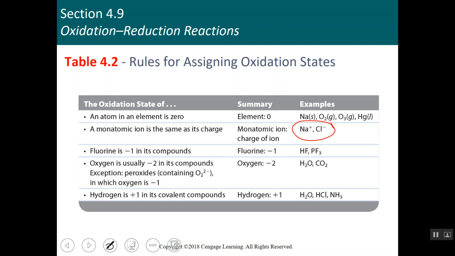Fluorine is always a -1, so anytime you see it in a compound, -1 is its oxidation state. Oxygen, most of the time, is -2. The only exception that you'll run across is in a peroxide, where in a peroxide polyatomic ion, it is -1. Hydrogen is +1 in its covalent compounds. And so anytime it's a covalent compound, which is with a nonmetal, then it is a +1.